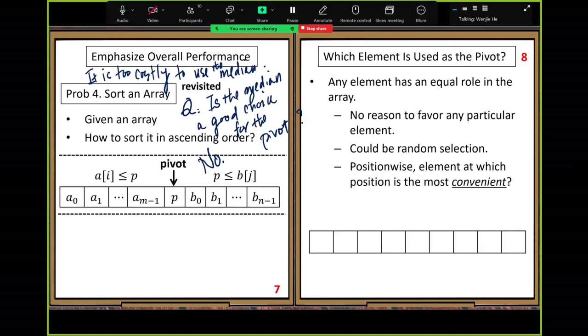All right, so here, let us determine the good locations for the pivot element. Let me draw another array diagram here. All these squares represent the locations of the elements. And we want to determine what locations are good locations for the pivot. What locations are bad locations for the pivot?